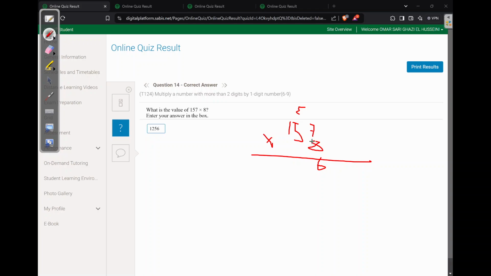We add that 5 equals 45. 4 up. 8 times 1 equals 8. We add that 4. And the answer is now 12. 1,256.